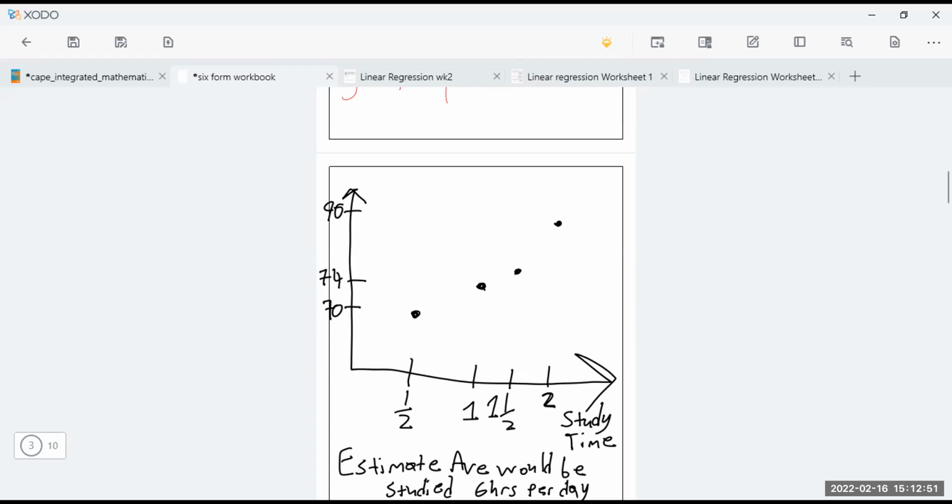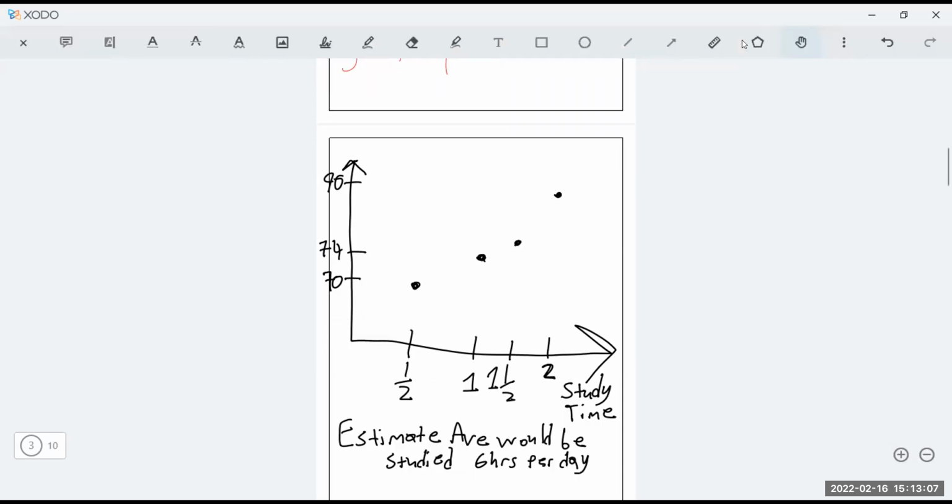In that case, you wouldn't be able to tell because the information you got only had persons for half hour, 1 hour, 1.5, and 2. This is where regression comes into play, where we'd have to find what we call the line of best fit from these 4 points.